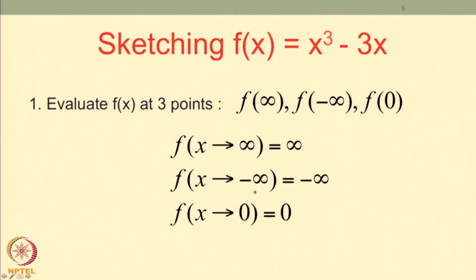When x is going to minus infinity, this function will go to minus infinity. When x is 0, the function will be 0. So, these are the limits that we have. So, we know the starting points and ending points.